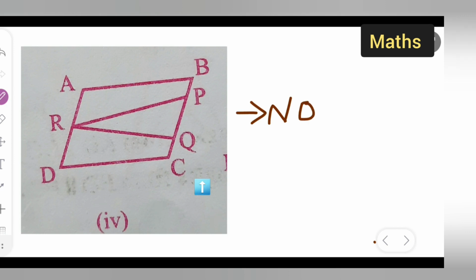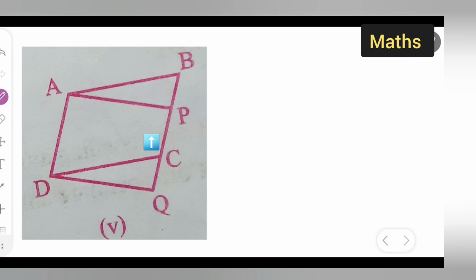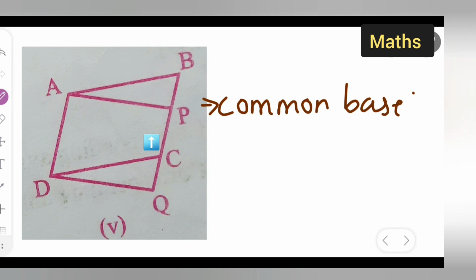Next, moving towards the fifth one, let us see which is the common base. Let us write the common base over here. You can see the common base here is AD, because these are attached to this line.